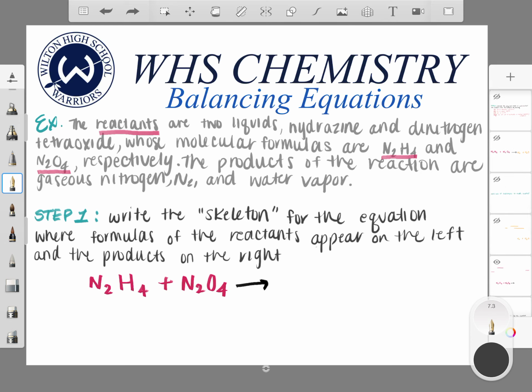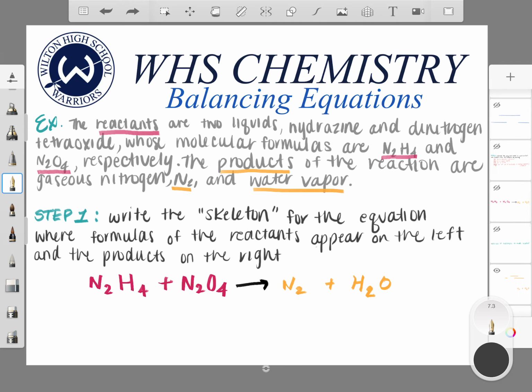And now our products, they told us in the problem, are nitrogen and water vapor. So we can write that to the right, which I did here in yellow. And it's important to note once again that the subscripts in the problem are used to make everything neutral or without a charge.